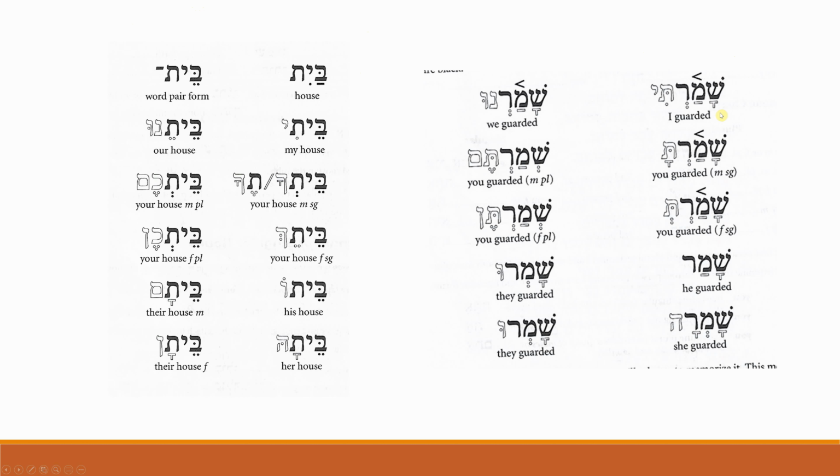Let's start with the first one, shamarti, I guarded. This is a verb that we've had a lot. Let's look in particular at the ending, the T ending. Well, what is the first singular possessive? My house, beiti. So that I ending is similar to the T in I guarded, both being first person.